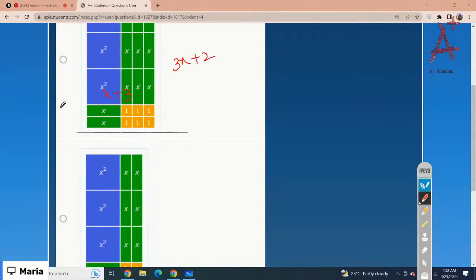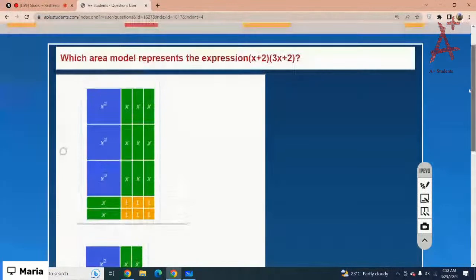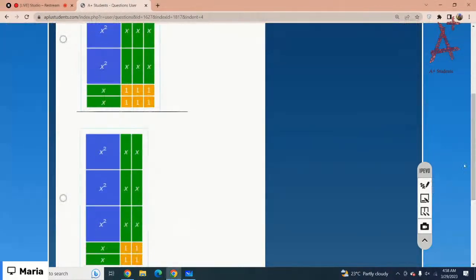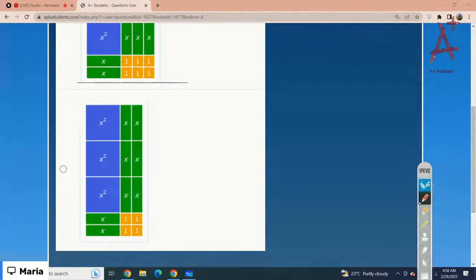I think this isn't the correct option. No, x plus 3, this isn't the correct option. Just look for the second one. Then the second one is the correct option. It would be x plus 2 and 3x plus 2. That means the second option is the correct option.